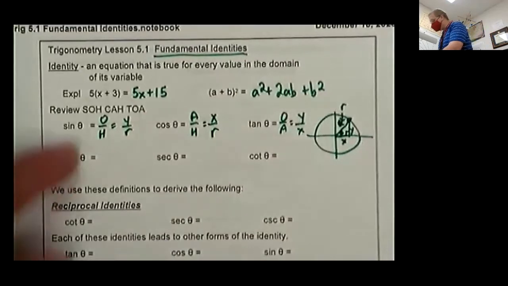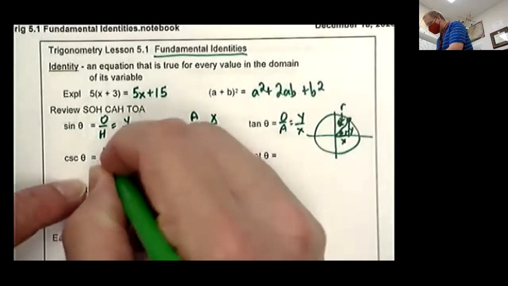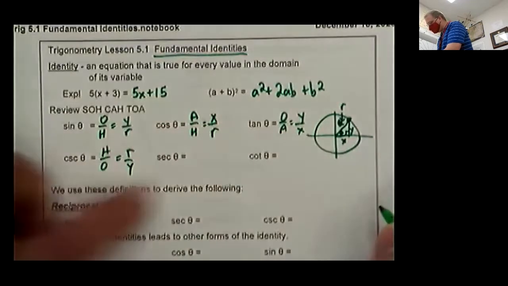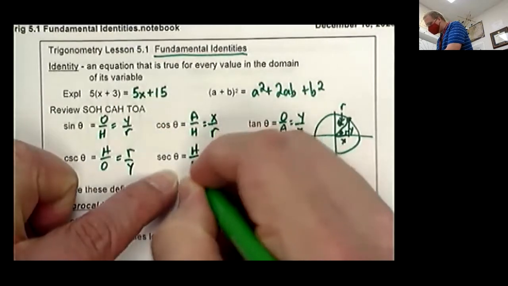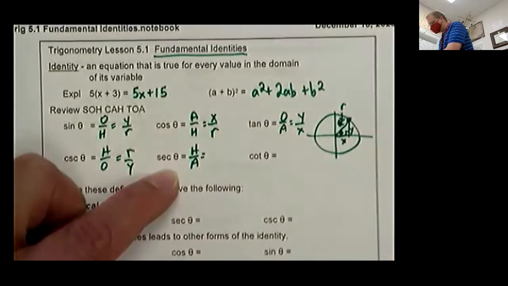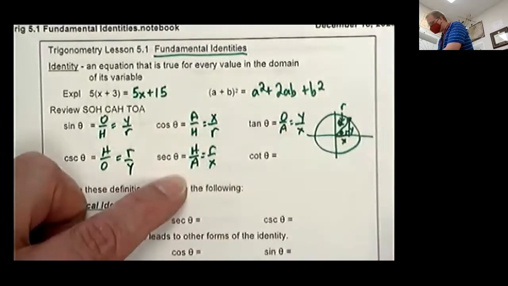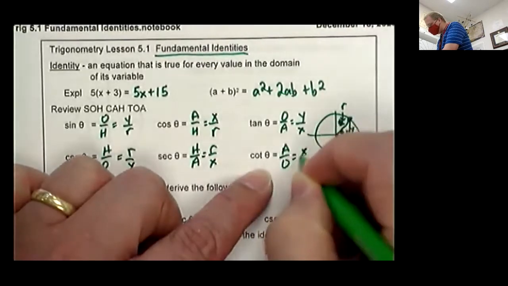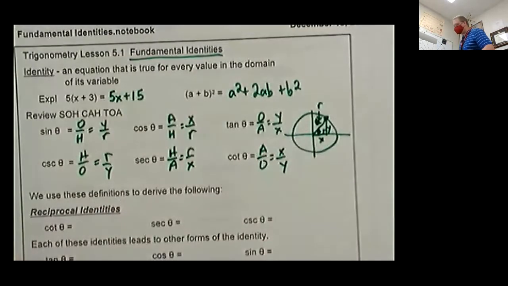Cosecant is the reciprocal of sine, so it's hypotenuse over opposite, which is R over Y. Secant of theta is the hypotenuse over the adjacent, which is R over X. Cotangent is the adjacent over the opposite, which is X over Y.